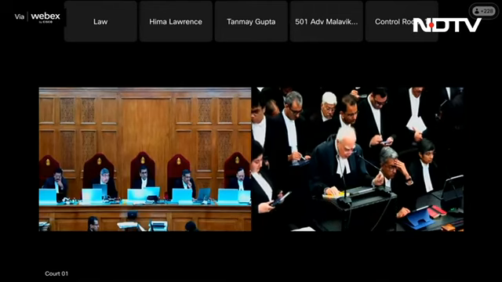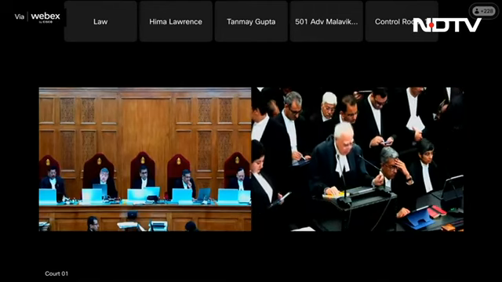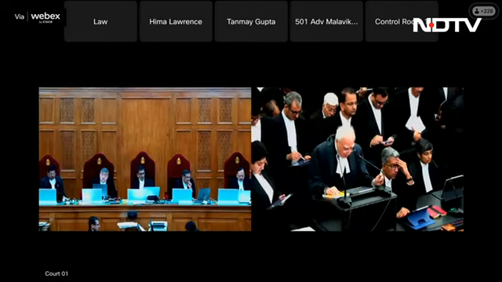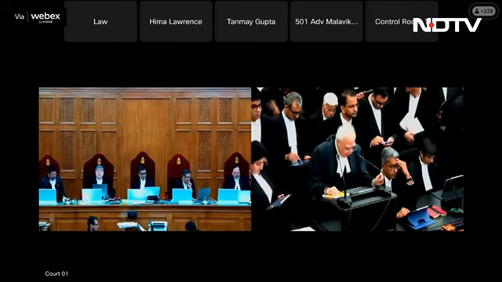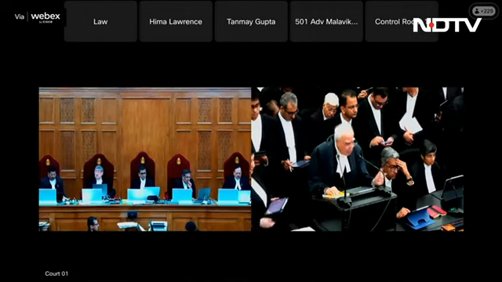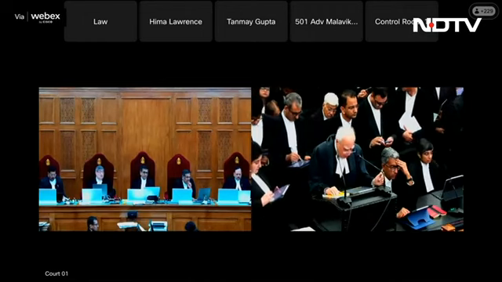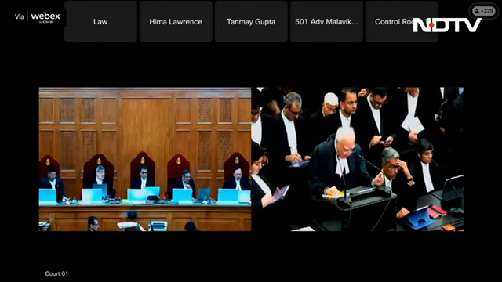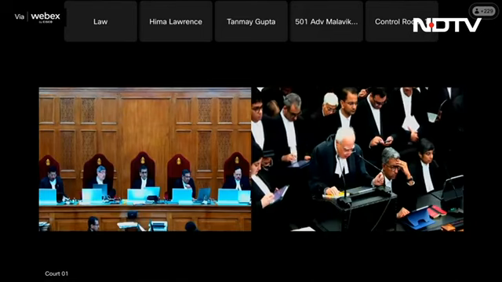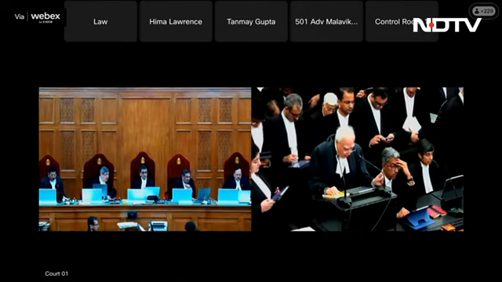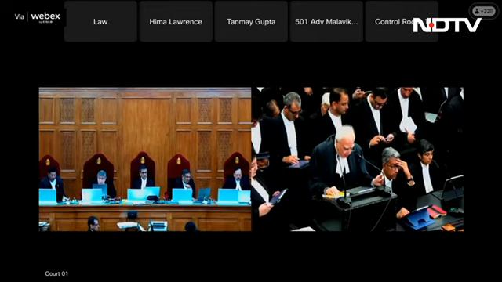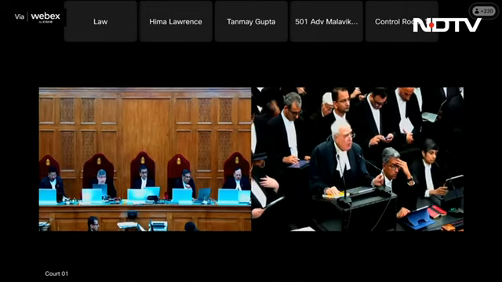The Governor shall from time to time summon each house of the legislature to meet at such time and place as he thinks fit, but six months shall not intervene between its last sitting in one session and the date appointed for its first sitting in the next session. The Governor may from time to time prorogue the houses or either house or dissolve the Legislative Assembly.